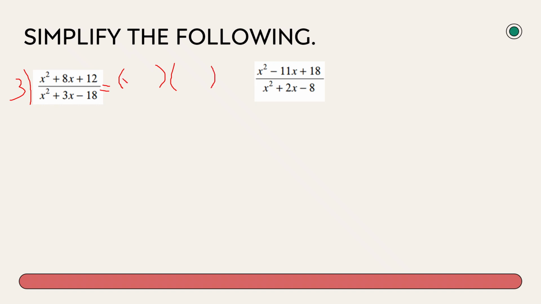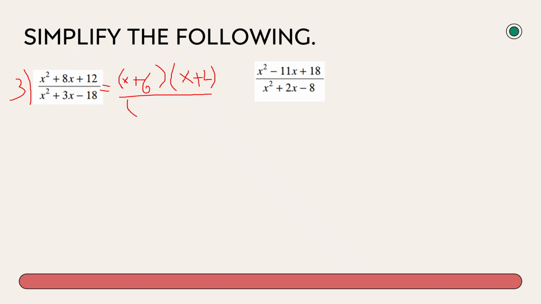Both are positive, x plus 6, then x plus 2. Because if we add 2 and 6, that's 8. And then you multiply, we get 12. So that's correct. It also always coincides with the middle term.